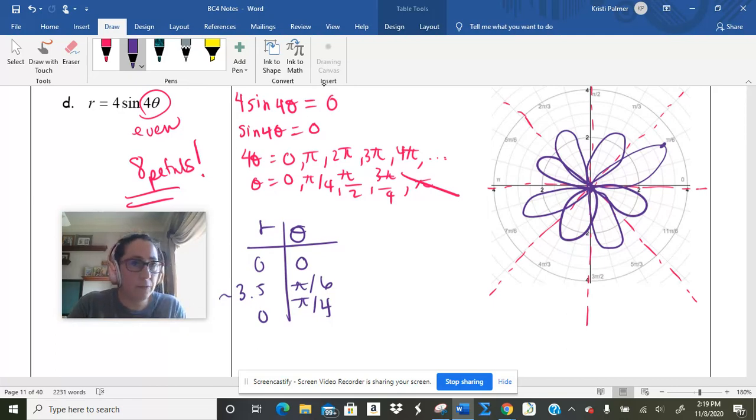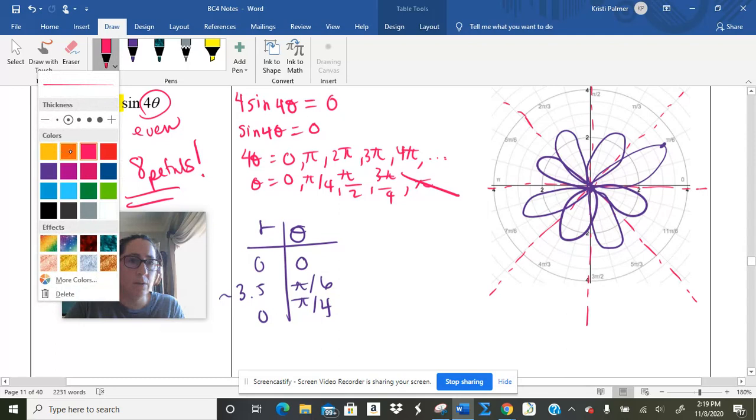So the other thing you could kind of see is that this is the length of the petal. So I know that like the very top is going to go to 4. I really should have made those bigger. Let's just try that one more time. Let's go in orange. So let's go out 2. Then there's 4. So 4 is at the very edge.